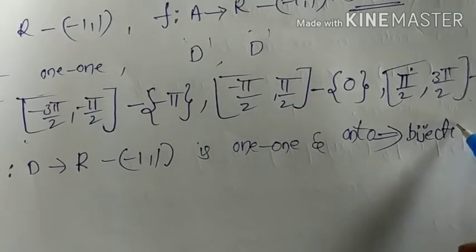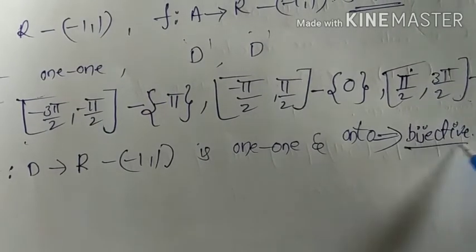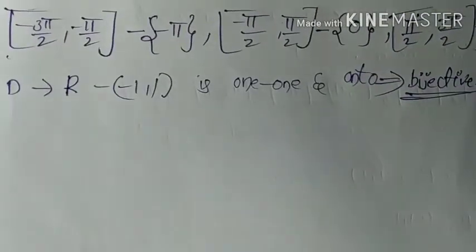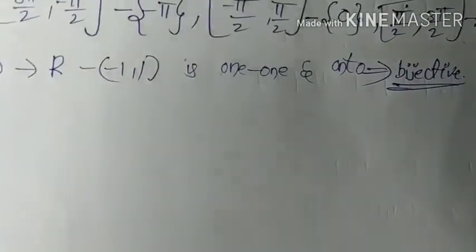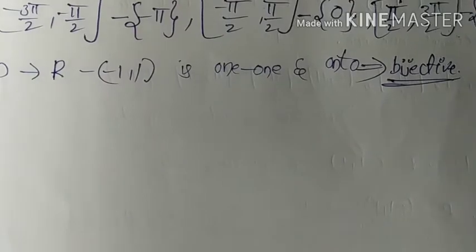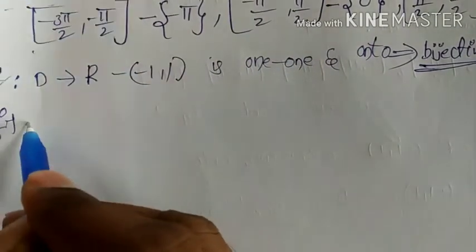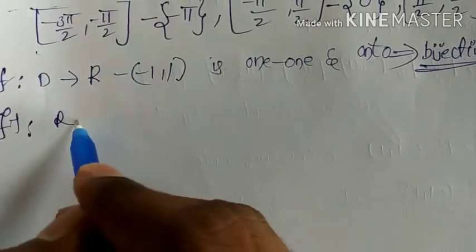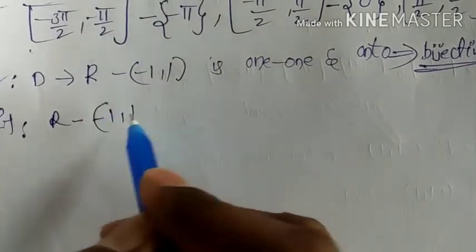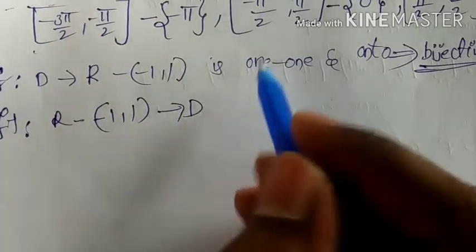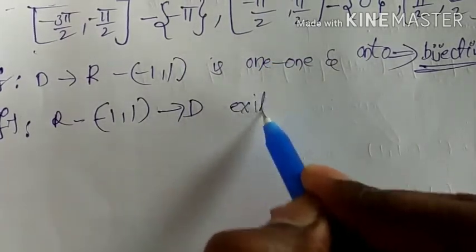You know that only when the function is bijective is the inverse of that particular function possible, right? Now the inverse of this function is f inverse: R minus of (-1, 1) to D. This exists.